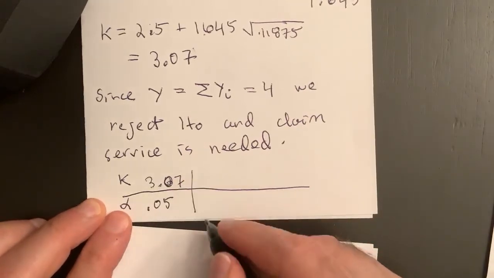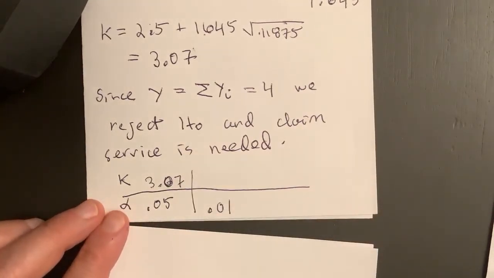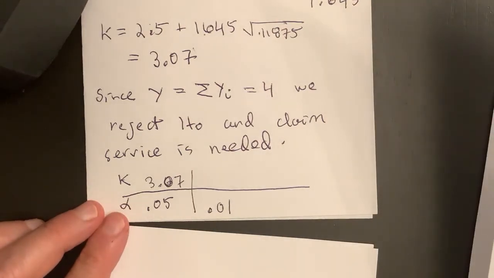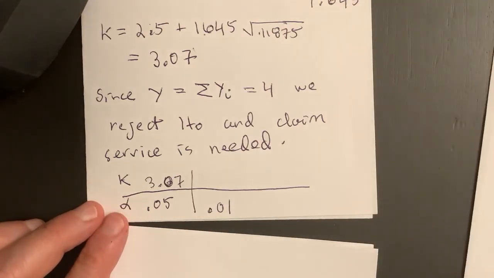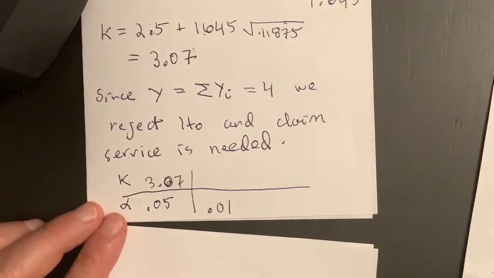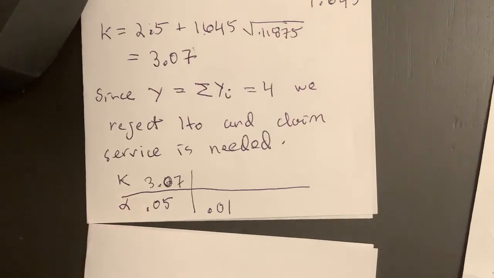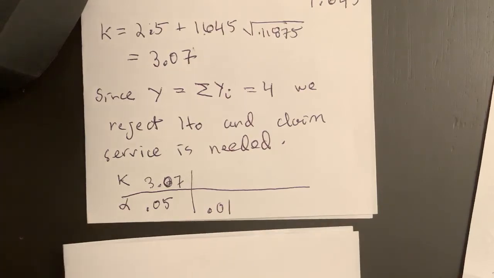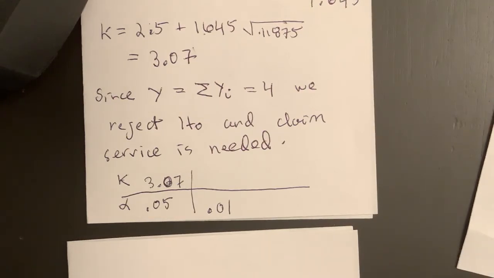3.07. What if alpha's 0.01? Did I do it? Maybe didn't do it. Okay, let's do it. So if alpha is 0.01, we just have to compute that, right? So the 1.645 changes into Q norm of 0.99.